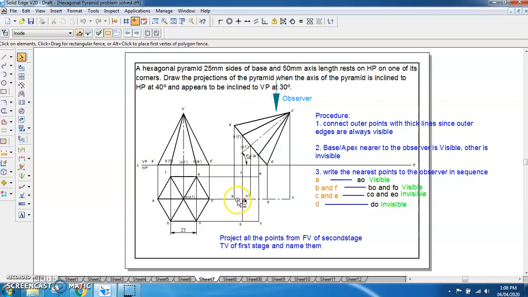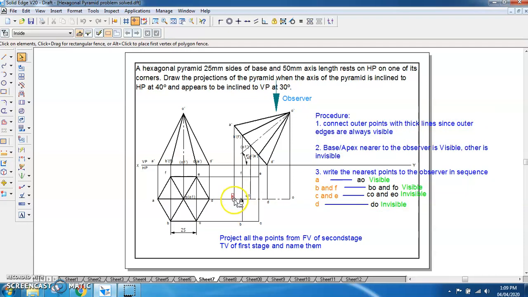This procedure is a little bit different from that of the prism. The first step is the same as that of the prism: connect all outer points with thick lines, since border edges or the outer edges are always visible.